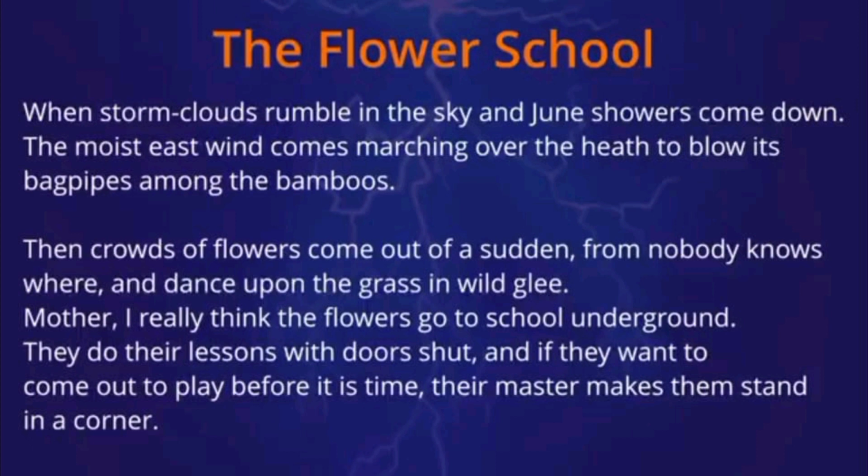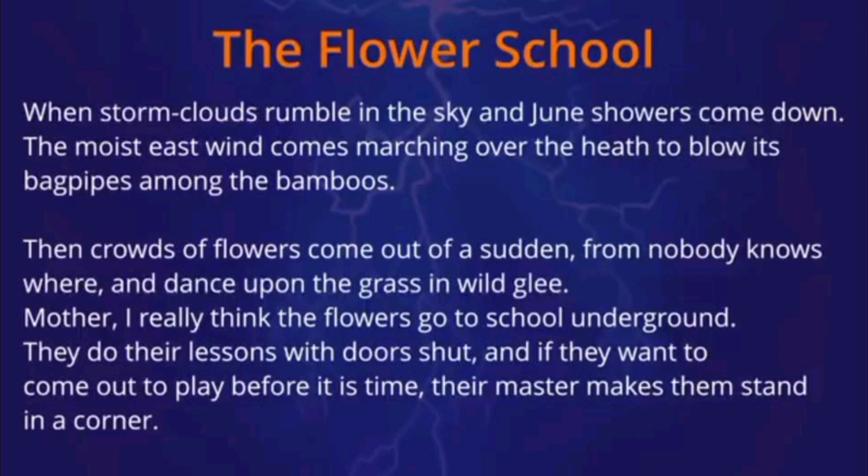Then crowds of flowers come out of a sudden from nobody knows where and dance upon the grass in wild glee. Now children, haven't you seen in monsoon automatically or suddenly the flowers come out from the ground?